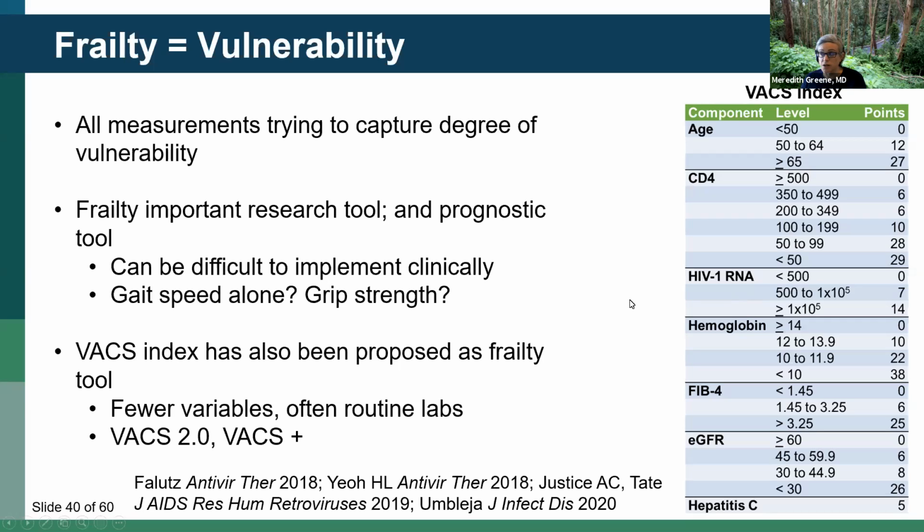And I highlighted some on the other slide, like the Edmonton Frail Scale, which has been heavily used in geriatric oncology. It's actually in one of my hospital systems' medical records because the oncologist built it in. So there may be other tools. I've only seen one study of that particular assessment though in people with HIV.